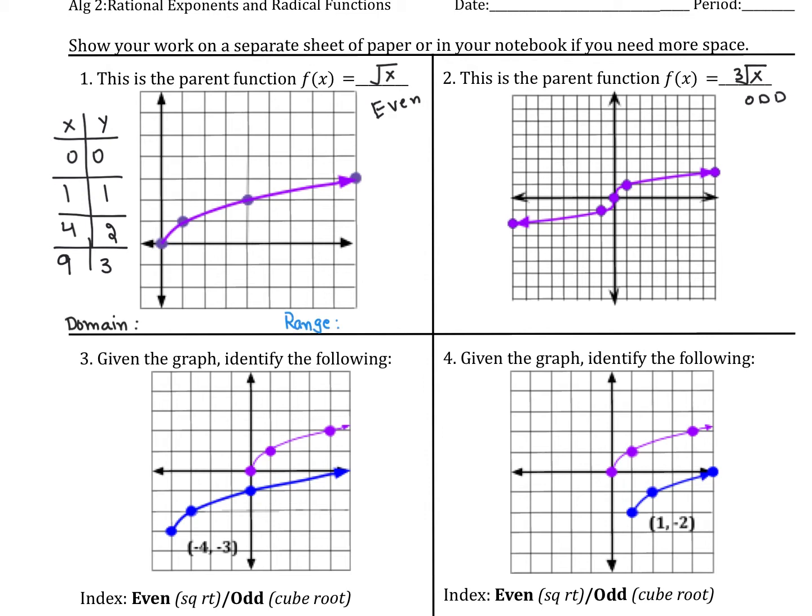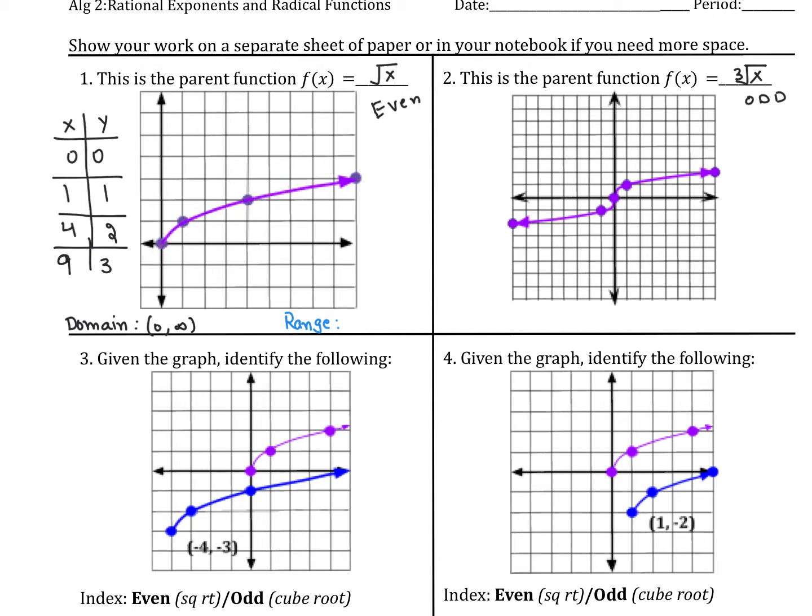If we talk about the domain, or the x value, for a square root graph, you can see that it's starting from 0, 0 and going to positive infinity for x. So the domain is going to be 0 comma infinity. Similarly for range, it's starting from 0, 0 and going up and up and up.